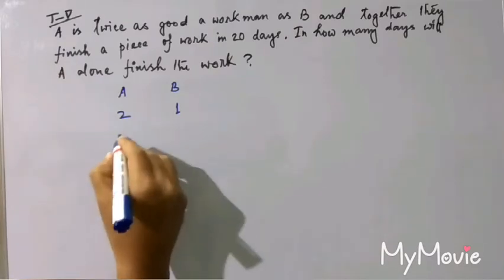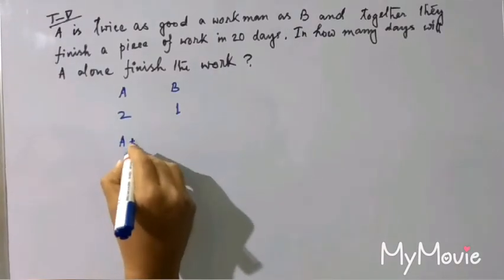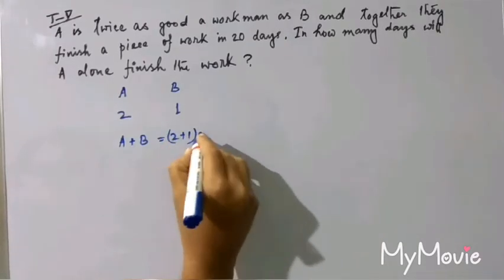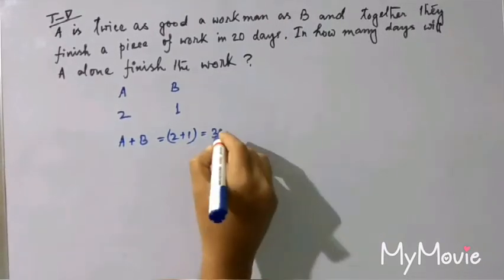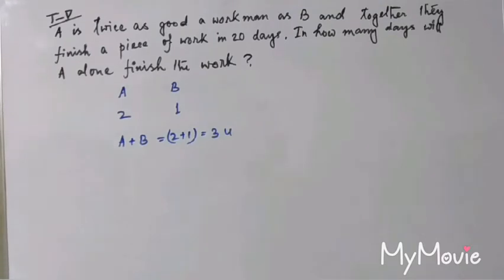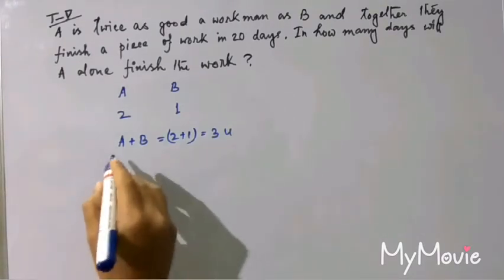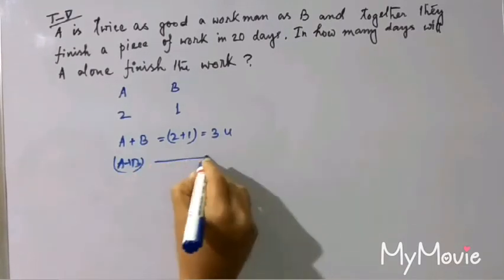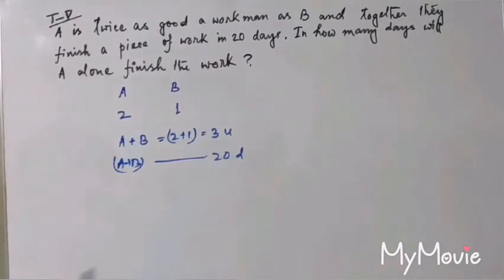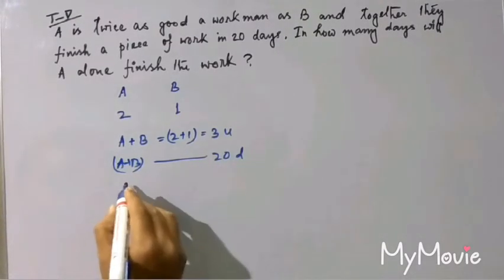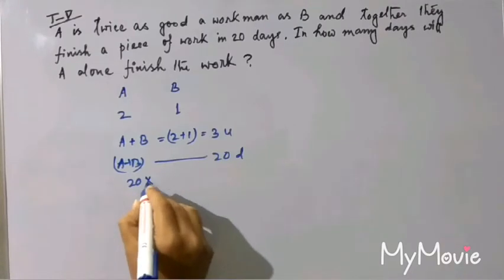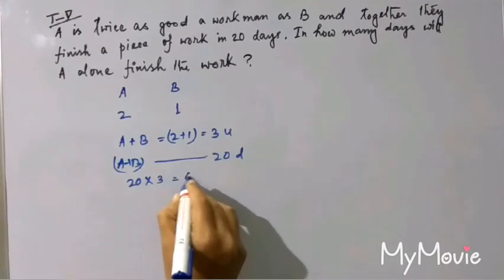If A and B work together, they perform a total of 2 plus 1 is equal to 3 units of work in a day. According to the question, A and B complete the total work in 20 days. Therefore, the total unit of work is 20 times 3 is equal to 60.